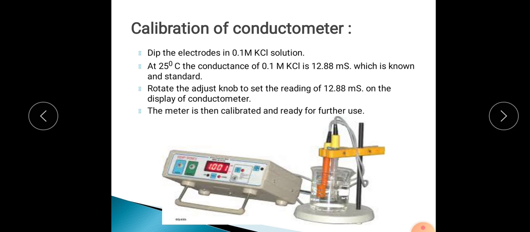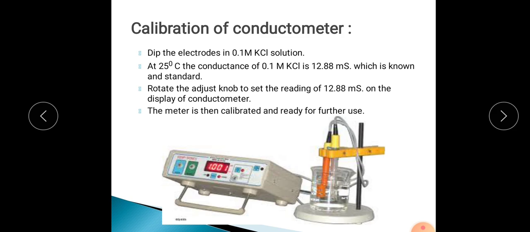Calibration of conductometer. Before proceeding to the experiment, before using this conductometer for our analysis, it needs to be calibrated. Calibration of a conductometer means what? To cross-check it, to validate this meter, whether it is working properly or not, whether it is giving good results or not.